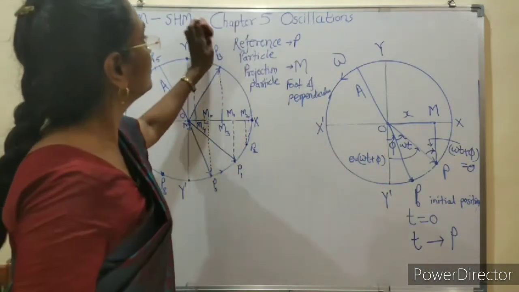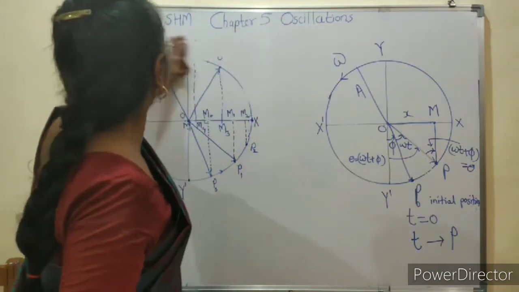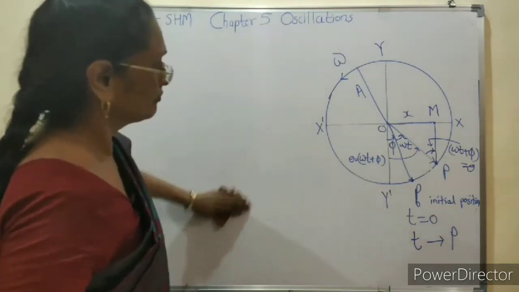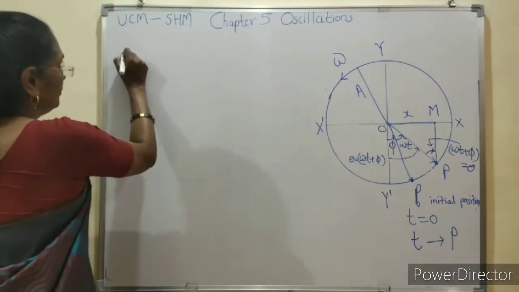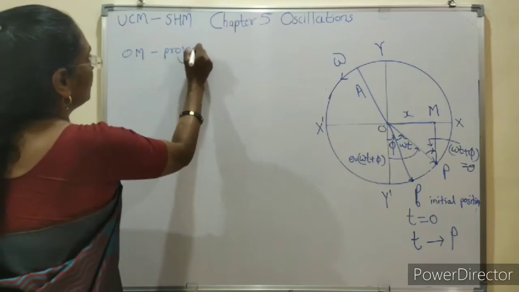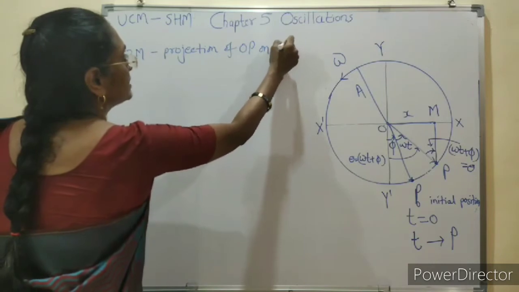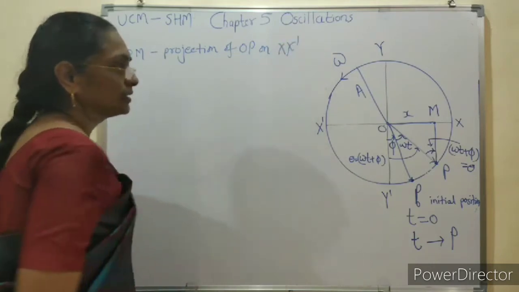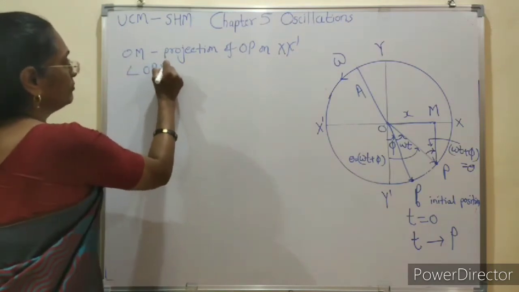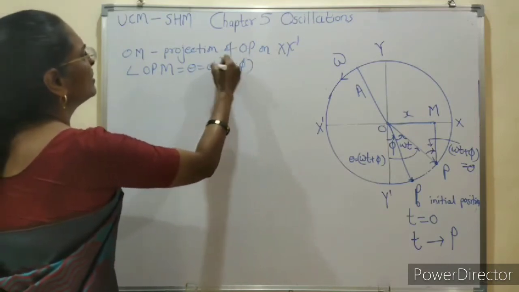Now from this diagram we can write various relations. We write here OM is the projection of OP on XX dash. Angle OPM is equal to theta, which is equal to omega t plus phi.